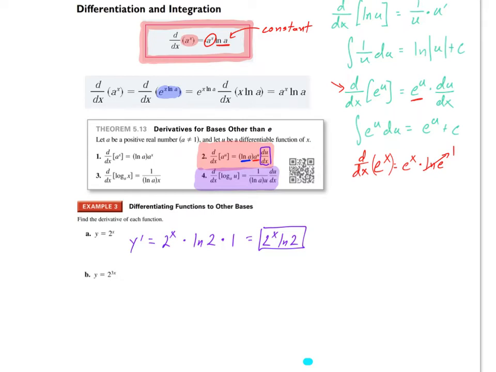For b, if I'm trying to take the derivative of 2 to the 3x, then it is, again, the original exponential, 2 to the 3x, times natural log of the base, that's ln of 2, times the derivative of the exponent, which is another factor of 3. Again, this is the derivative of the 3x, the exponent.